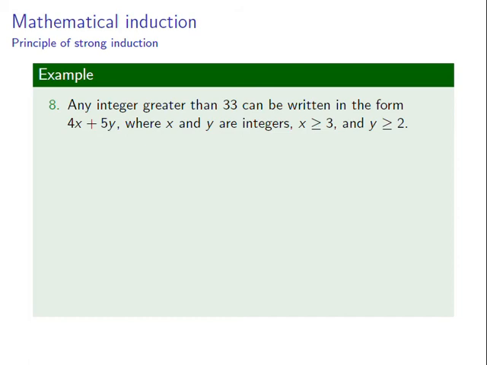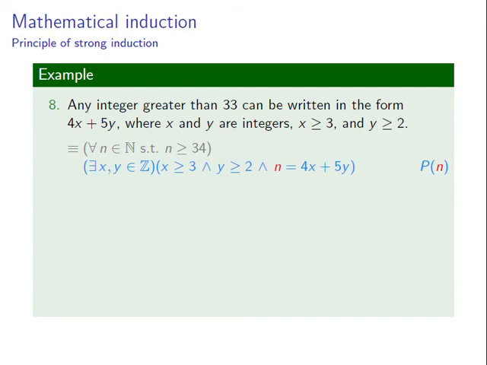Since the condition greater than 33 is equivalent to greater than or equal to 34, the claim is equivalent to the statement: for every natural number n greater than or equal to 34, there exist integers x and y such that x is greater than or equal to 3, y is greater than or equal to 2, and n is equal to 4x plus 5y.